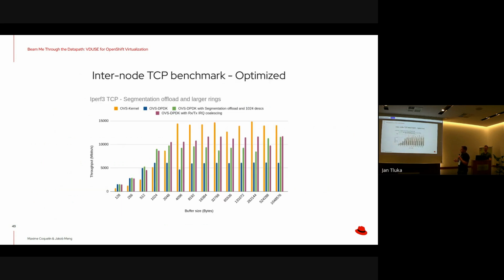So with this enabled, we can see that in purple, we again recover. For smaller buffers, we are better than the kernel datapath, and for larger ones, we are almost as good, but not yet.